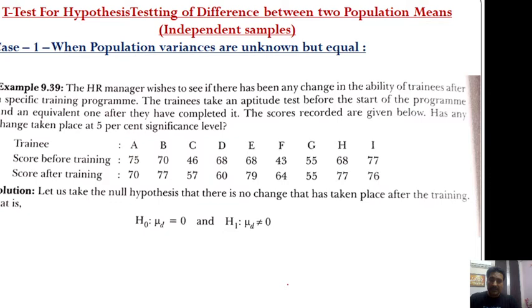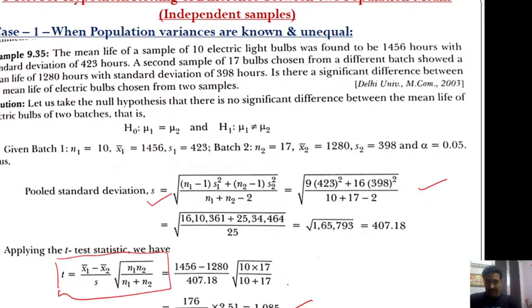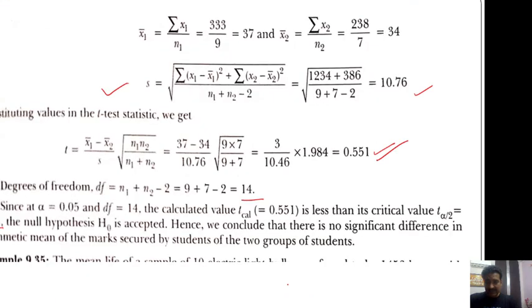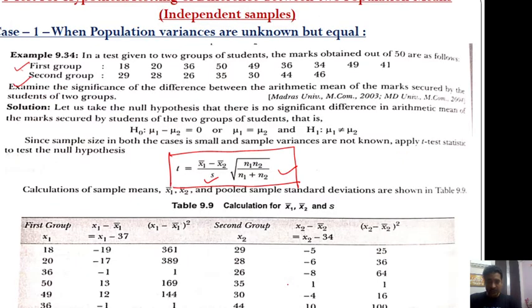Another application of the t-statistic is the t-test for hypothesis testing of the difference between two population means, independent samples, when population variances are unknown but equal. So this is case three. Actually, I have not made corrections here. This is case three, and the previous was case two, and the earliest was case 1.